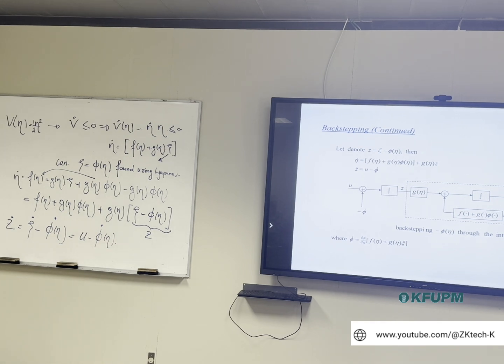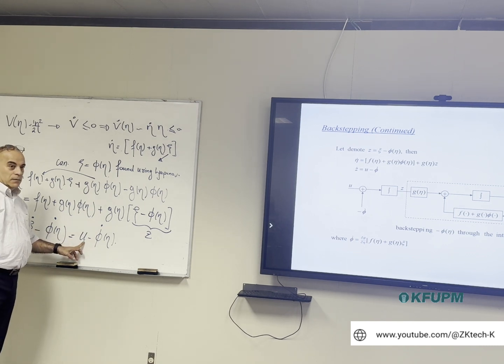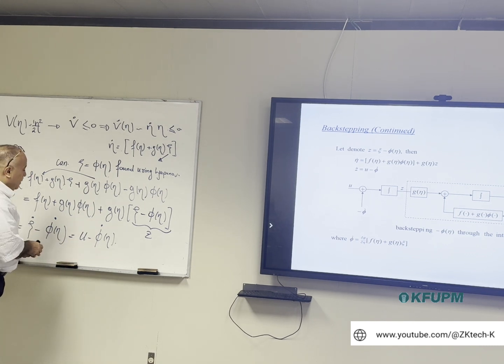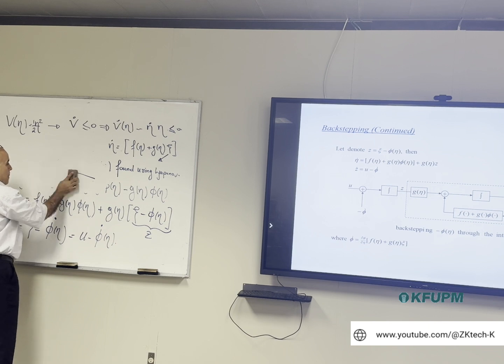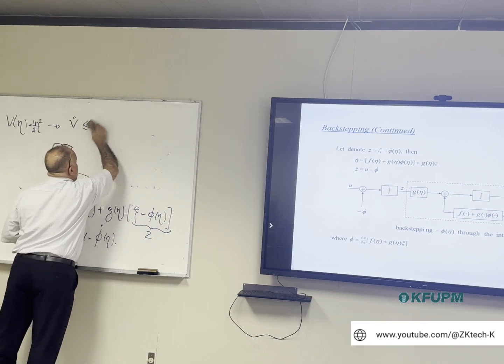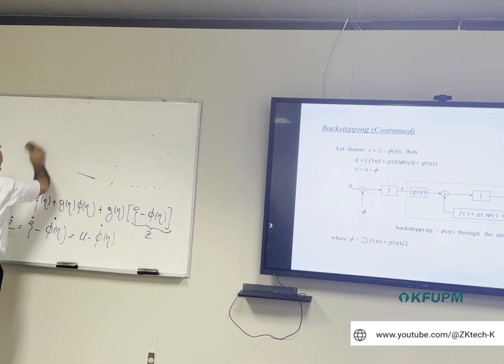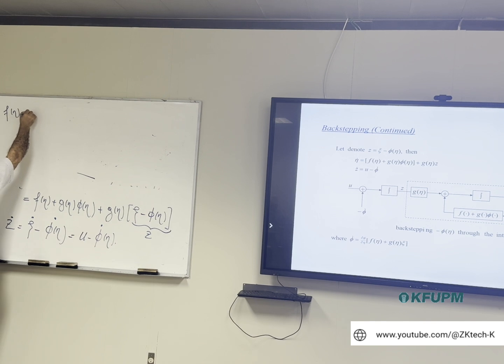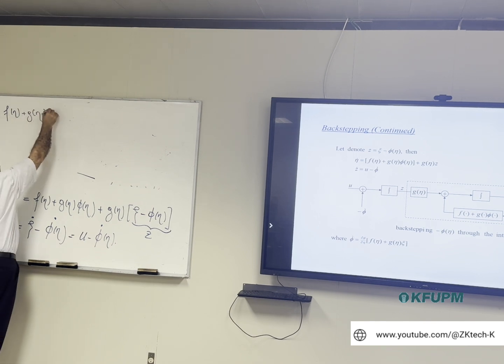All right, now the question is still what will be the value of u? To find the value of u, we create again, so we're going to write this here. We have eta prime equal to f of eta plus g of eta multiplied by z.